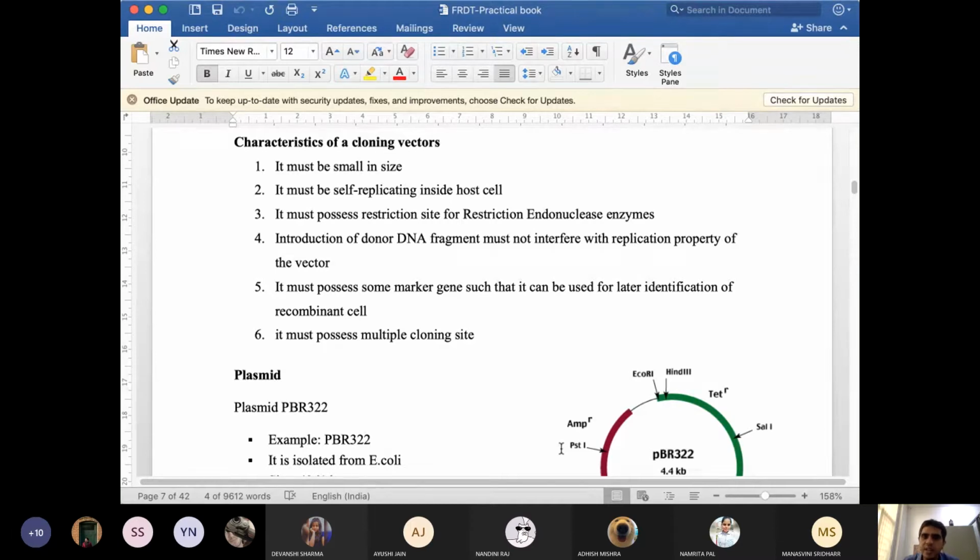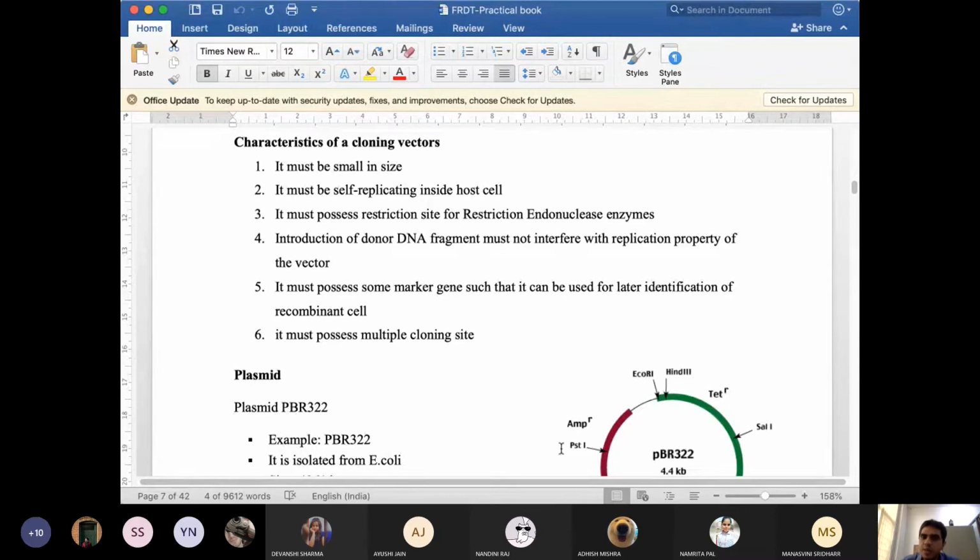These markers are called marker genes. These genes give some characteristics after inserting your vector inside your host. So it must possess marker genes such that it can be used for later identification of the recombinant cell. With this property we want to check whether the vector that we are transferring is carrying your gene or not.